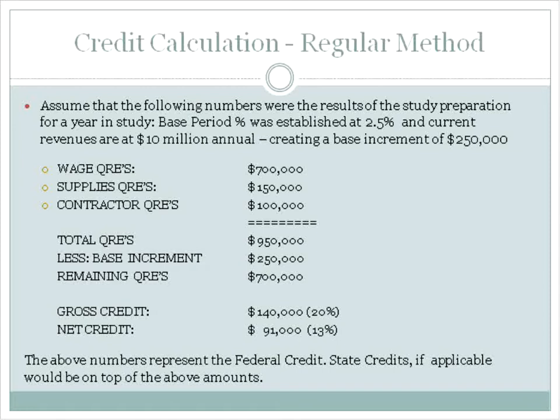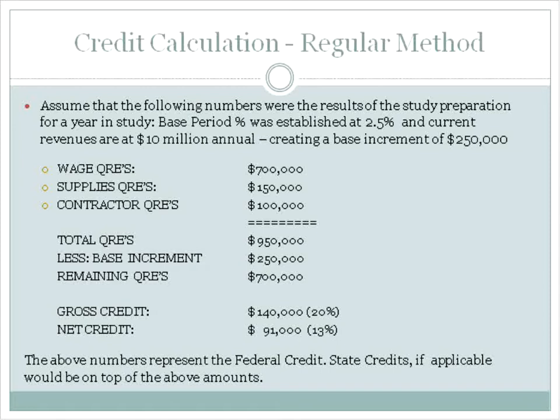The question you might have is the difference between gross credit and net credit. The gross credit is the actual initial credit calculation, but since on your initial tax return you took expenses, and you can't double dip on the expenses, I have to add this amount back into income, and that adds a 35% back.